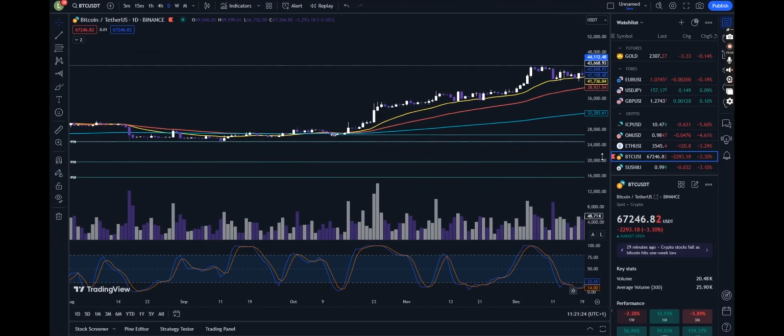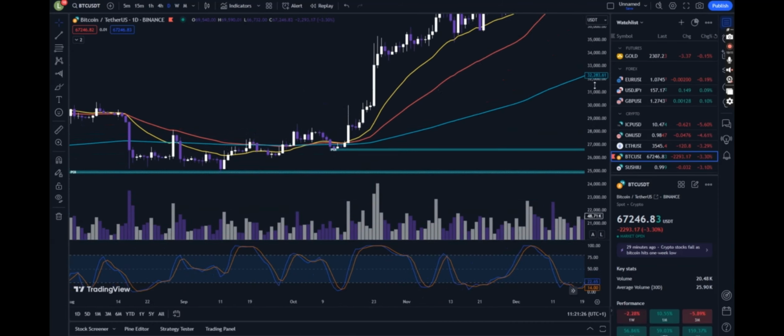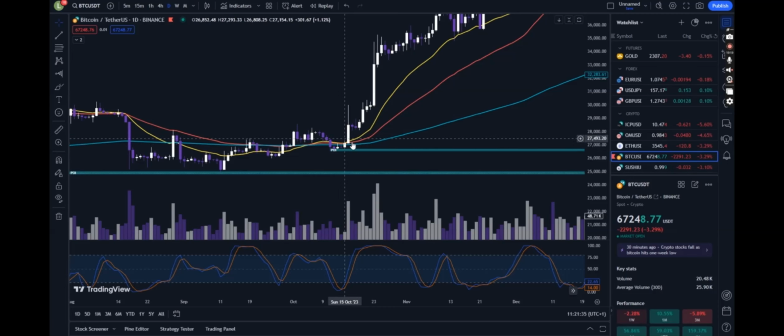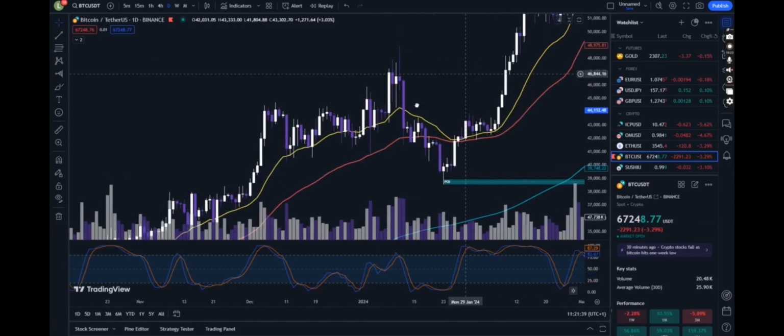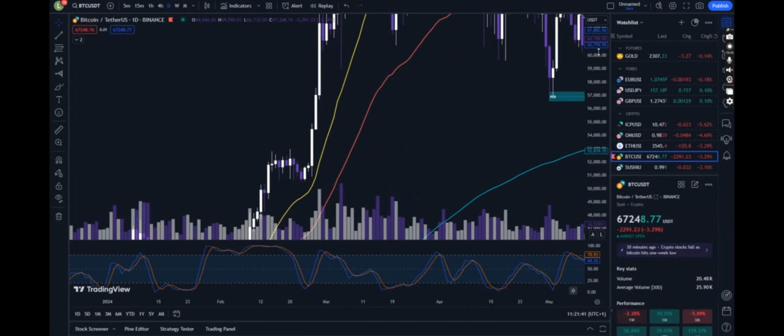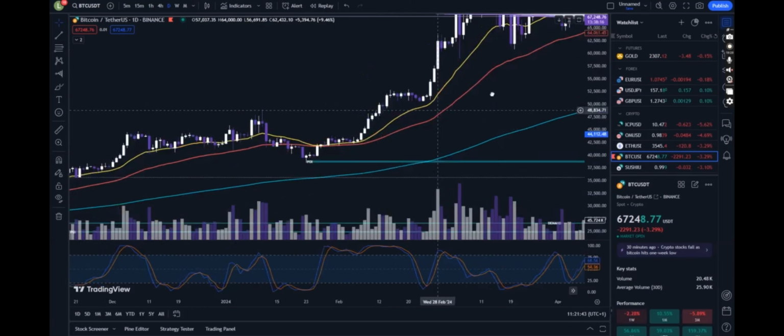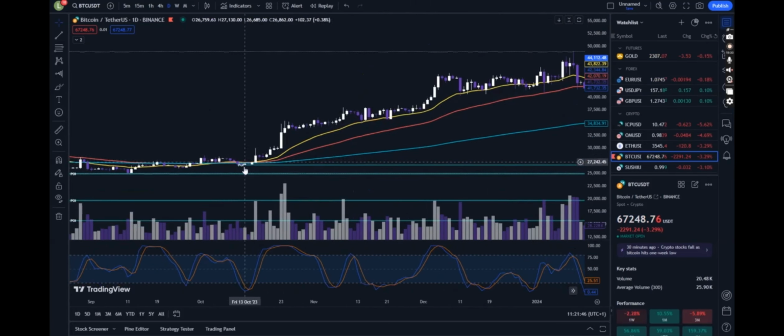And if you look at the moving averages where they started to squeeze here, and you started to get that 200 coming underneath the squeeze, that's where you wanted to be buying and holding. I've still got that in one of my accounts where I bought it there. I'm still holding that.